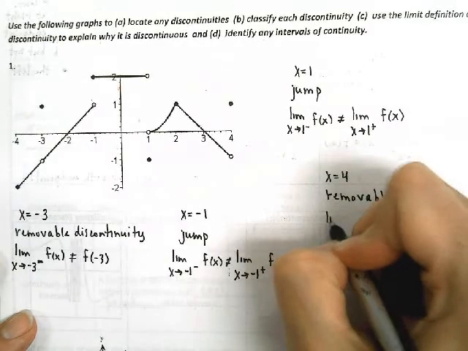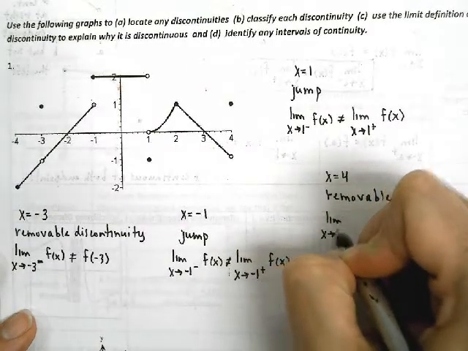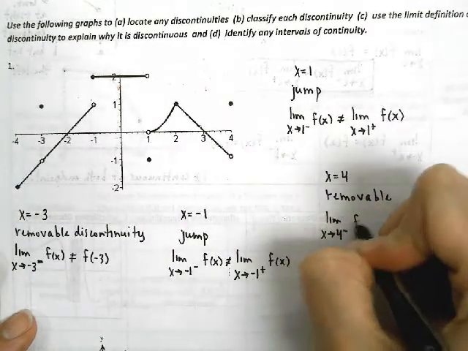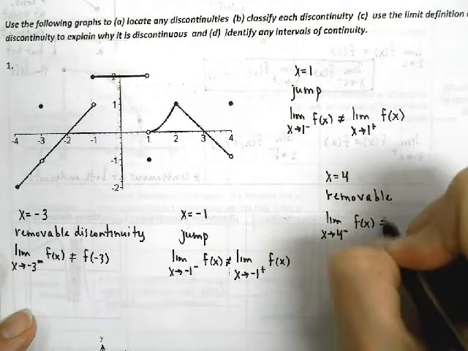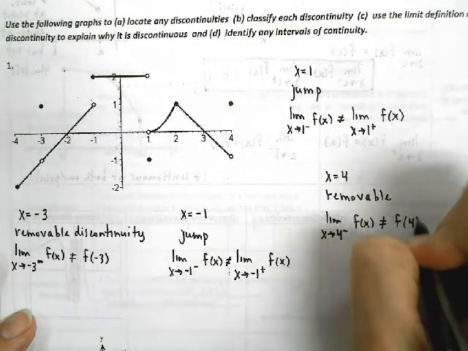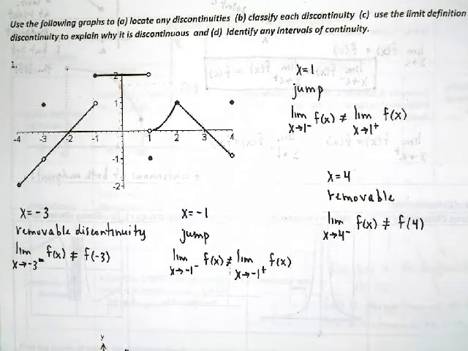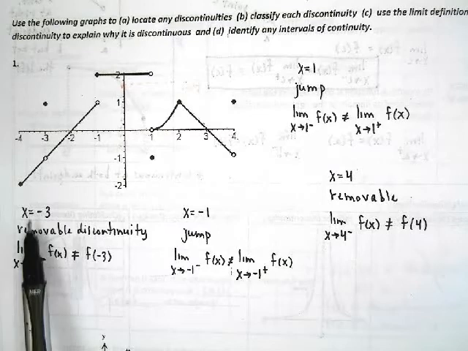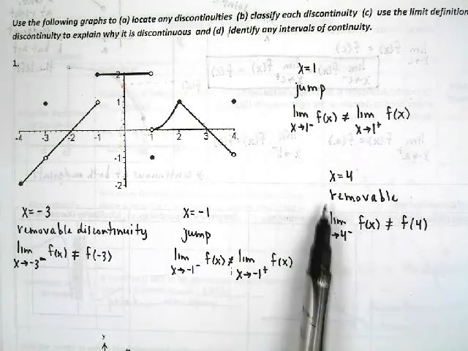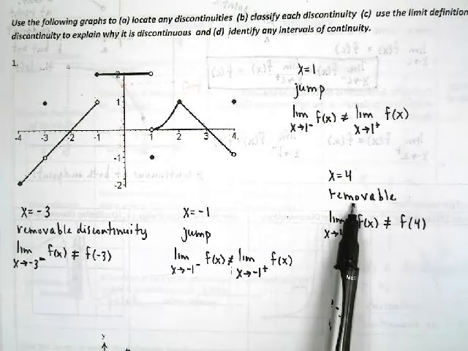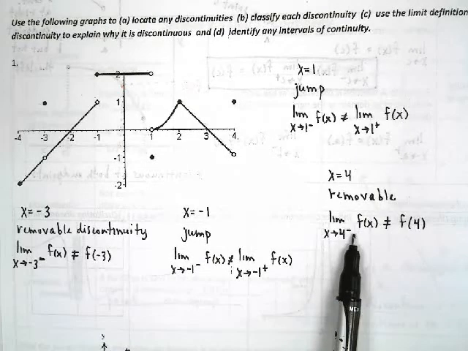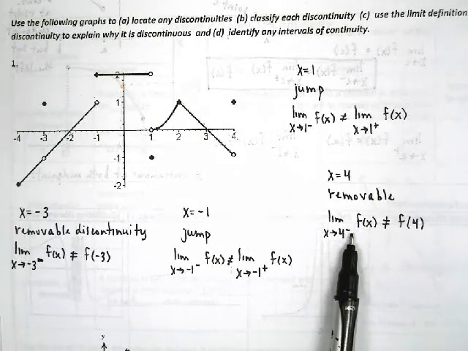My problem again here is that the limit as x approaches 4 from the left of f of x is not equal to f of 4. So far we've identified all our discontinuities, we've classified them, and we've used the limit definition to say why it is not continuous at that point.